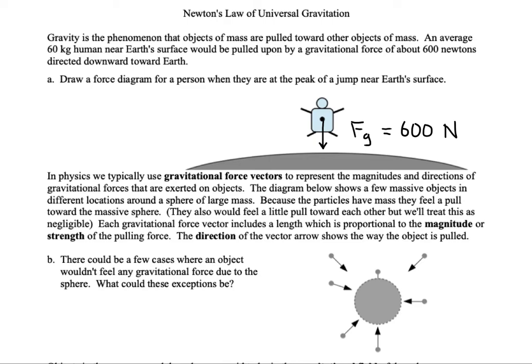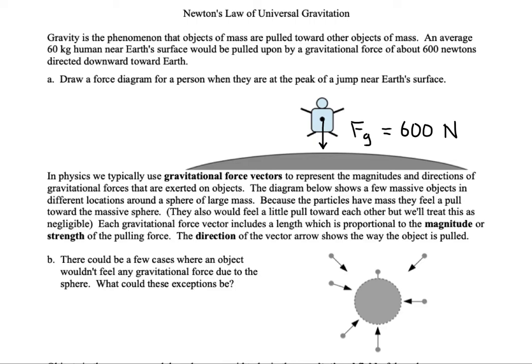They would of course be pulled a little bit toward each other, but we'll treat that as negligible right now. Each gravitational force vector includes a length which is proportional to the strength of the pull, and the direction tells us which way the object is being pulled.